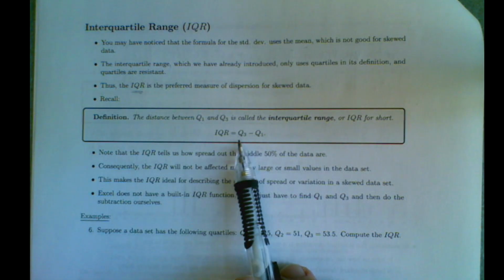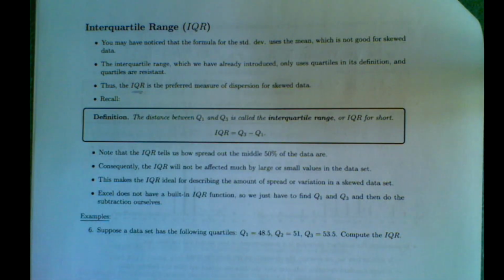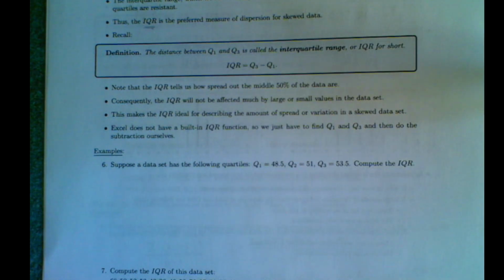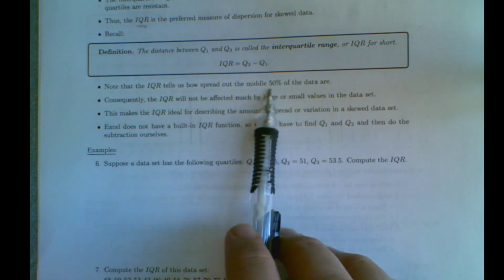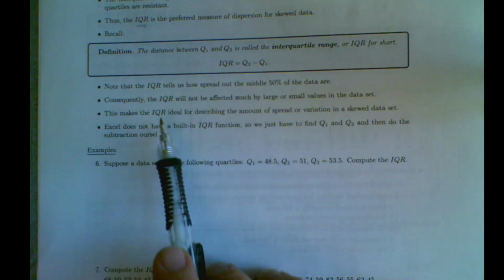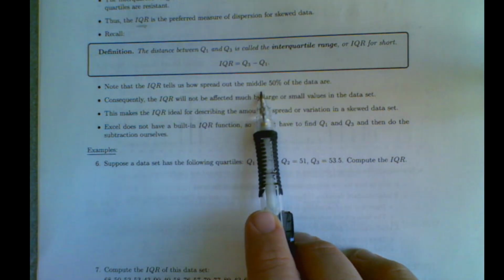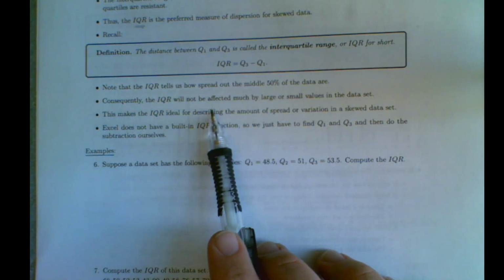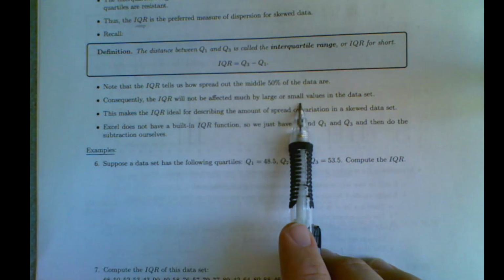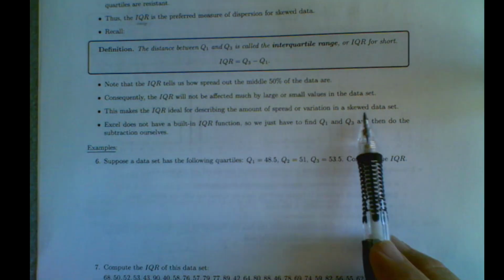The interquartile range is just Q3 minus Q1. The interquartile range tells us how spread out the middle 50% of the data are. Since it's only taking into account the middle 50%, it's not going to be affected very much by large or small values in the data set. And that makes it ideal for describing the spread in a skewed data set.